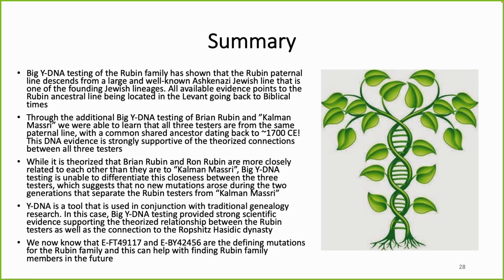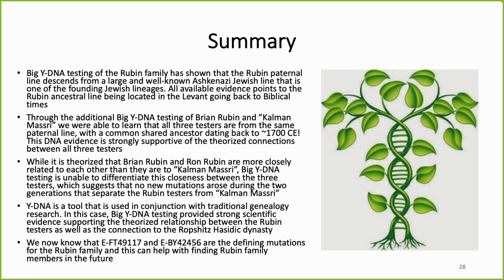We used big Y-DNA testing to provide scientific evidence supporting the theorized relationship between the Rubin testers. Again, this was a new line of the Rubin family that was theorized based off of the traditional genealogy research. It seemed to point in that direction.